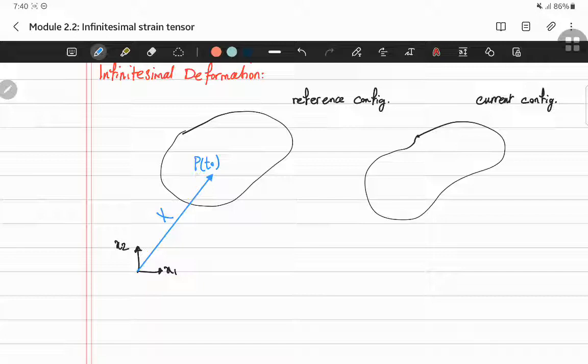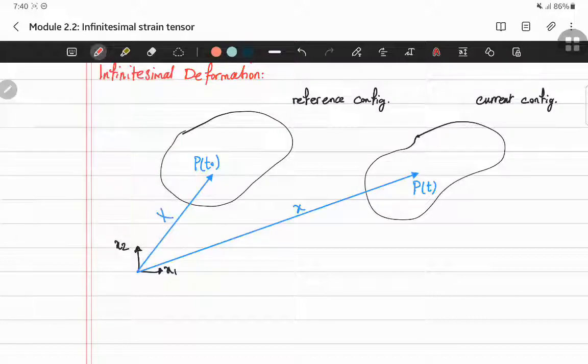So you have a particle here at time equal to 0. And you have this particle in the current configuration using this small x vector, and we call it P at t.